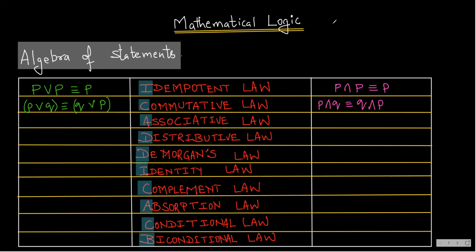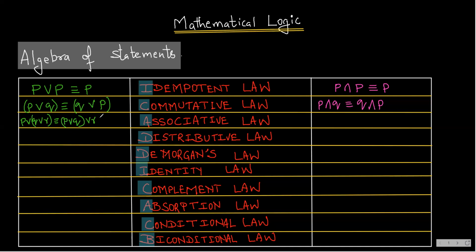Then you have associative law. See, what is associative law? Associative law is: P or (Q or R) is going to be equivalent to (P or Q) or R. They are going to be same.